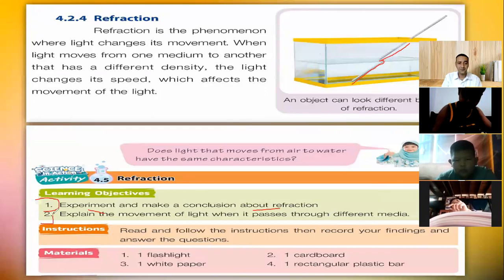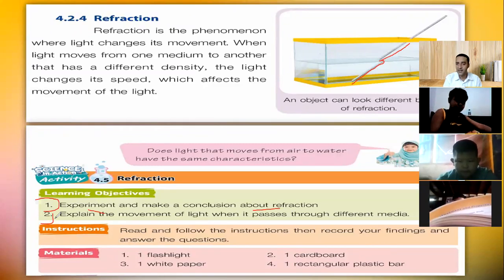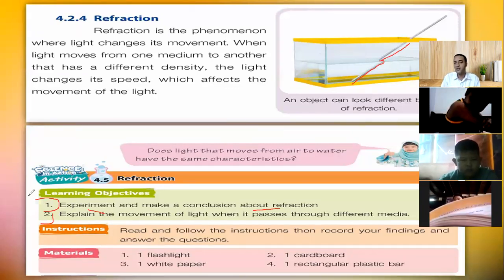Number two, explain the movement of light when it passes through different media. So we are going to find the conclusion of refraction and the light movement when it passes through different media. Here are some instructions: read and follow the instructions, then record your findings and answer the questions.